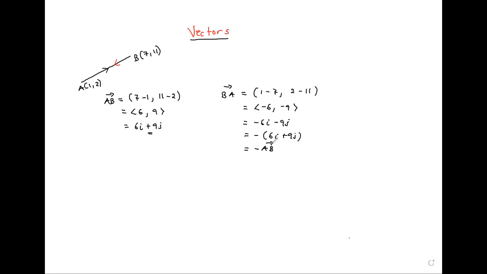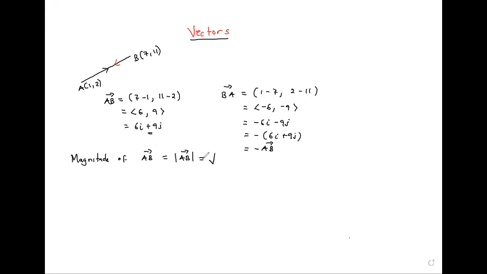Now suppose this vector you're using here, let's call this vector the same way it is. Now I want to find its magnitude. The magnitude of AB, this vector, is going to be denoted as this.